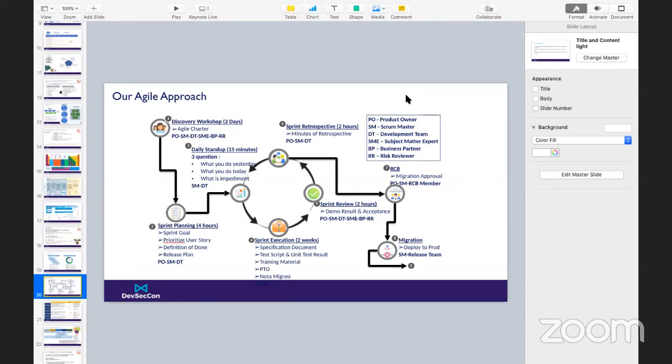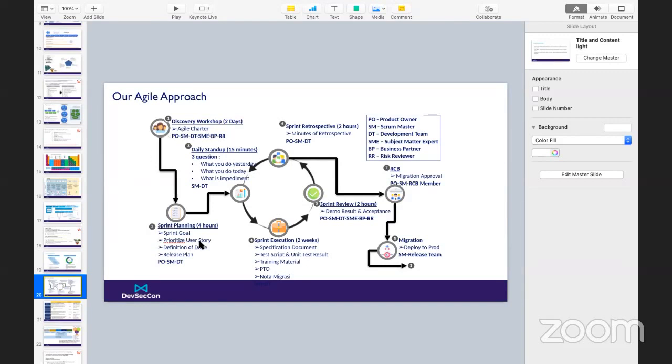So we have some of the roles here. You can see here we have a subject matter expert. One of the experts is IT security. So this is our agile approach. We start the process from a discovery workshop, where everyone comes and sits at one table.